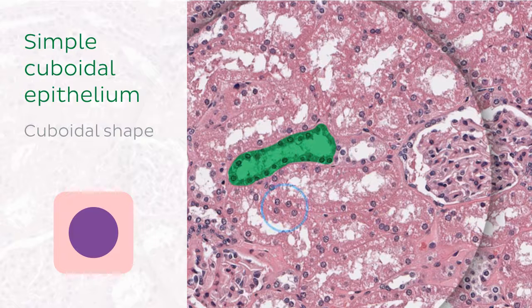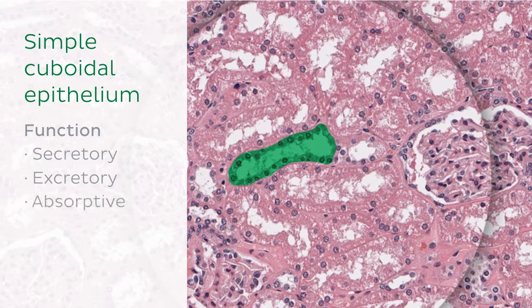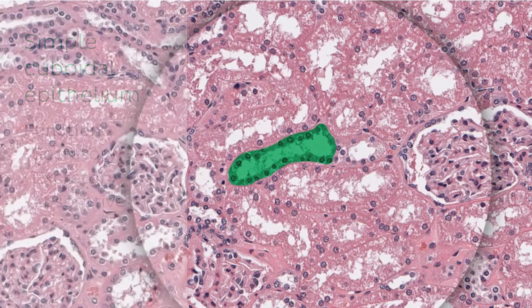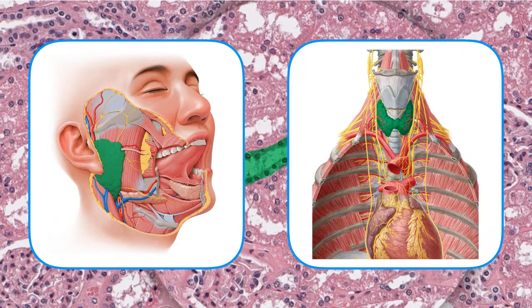You can also see here that the nuclei of cuboidal cells, or the little purple blobs you can see in the blue circle on your screen, are more rounded, and that the single layer of cells rests on the basement membrane. This type of epithelial cell can also have secretory, excretory, or absorptive functions, and they're found lining small ducts and tubules, for example in the salivary glands such as the parotid gland, or thyroid follicles in the thyroid.